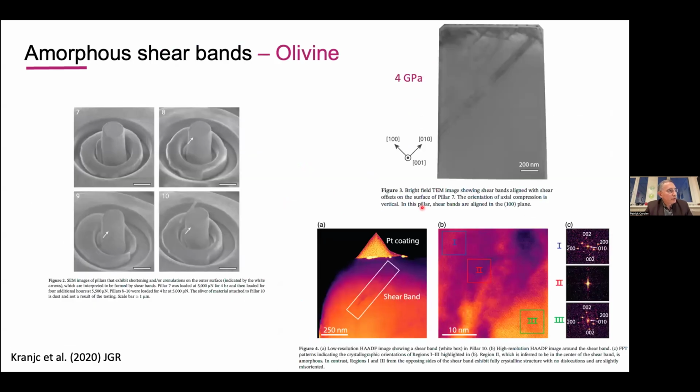Okay, we were not the first to observe the amorphization in olivine, not speaking about shock experiments, which is different. Approximately at the same time in the group of Phil Skemer, by compressing micropillars of single crystal olivine, they did observe the formation of amorphous shear lamellae, intracrystalline in that case.